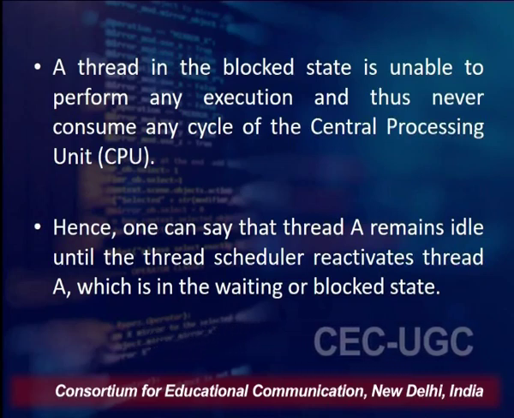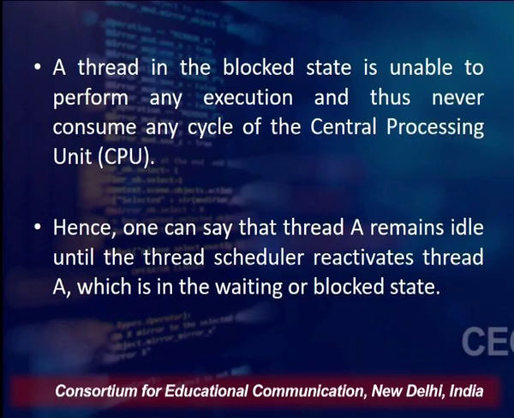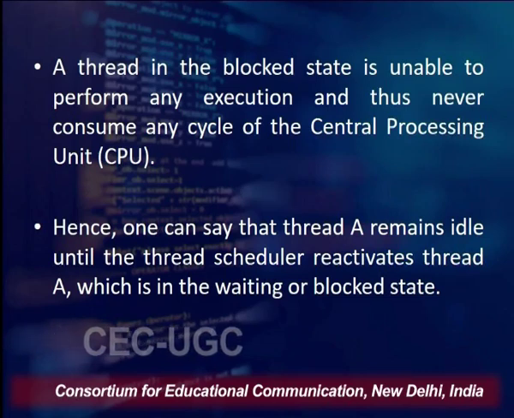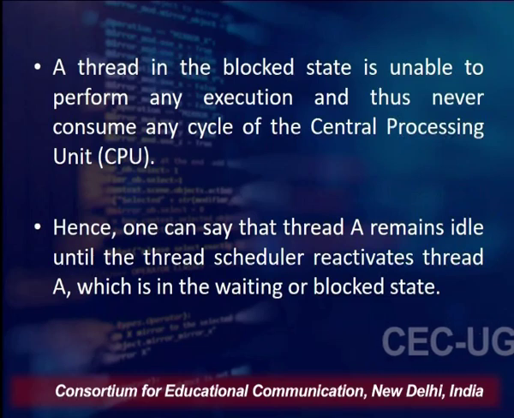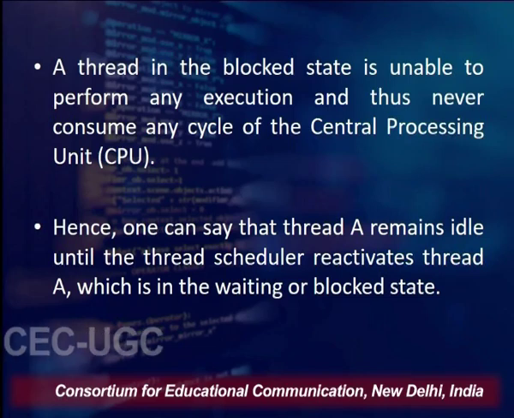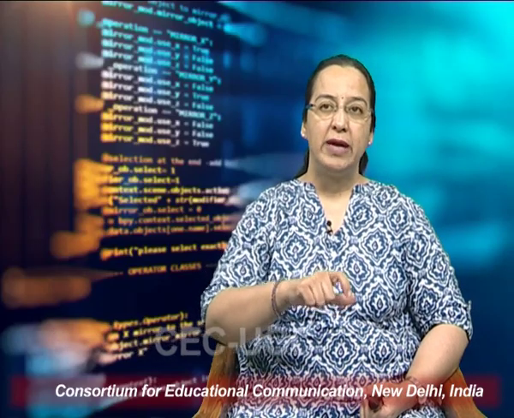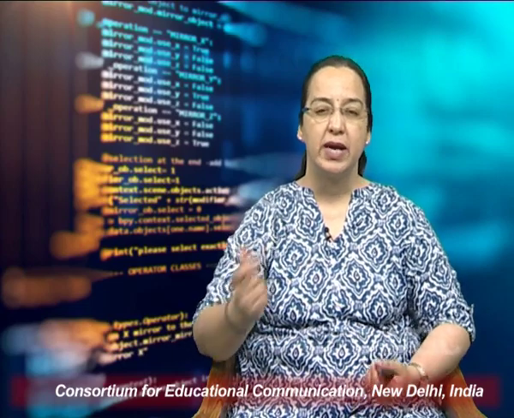One can say that thread 1, or any thread in the waiting or blocked state, remains idle until the thread scheduler reactivates it. Going from runnable to running state is also the job of the thread scheduler.